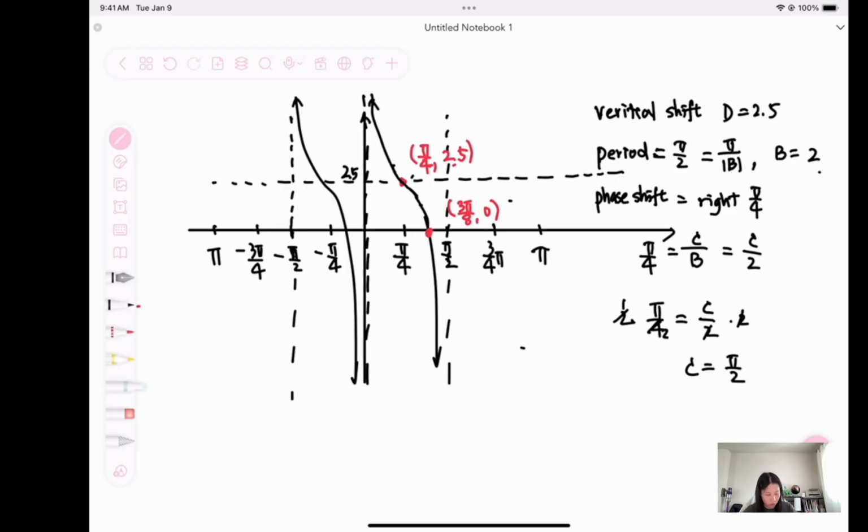So now what do we get? We have D, we have B, we also have C. This might not be very clear. Let me use the purple one. Okay, so next we want to find A. Well, let's see where is our A. A is the stretching factor.